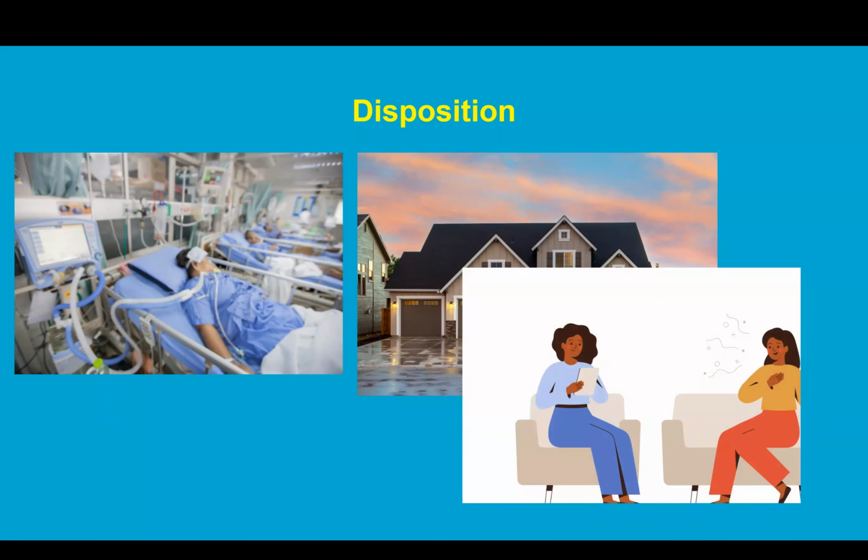One of the things with disposition as well is, is there a secure base to follow this patient up? Is there support at home? Are we able to put them in contact, whether it is through our trauma counselors, psychologists, psychiatrists, to help them?